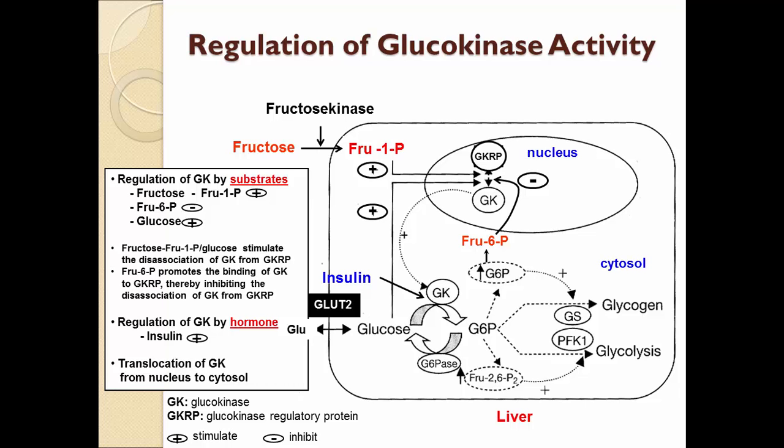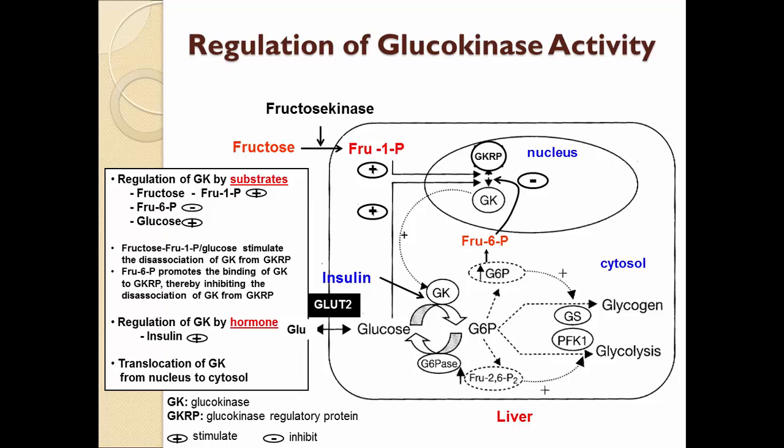Three substrates, right? Glucokinase is basically in the nucleus when it's inactive, sequestered by a protein called glucokinase regulatory protein. They bind together, so glucokinase will not be able to get into the cytosol for its activity. So the three substrates are fructose 1-phosphate, fructose 6-phosphate, and glucose. They regulate glucokinase differently.